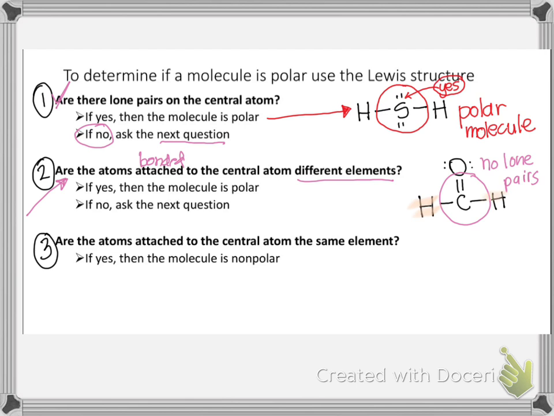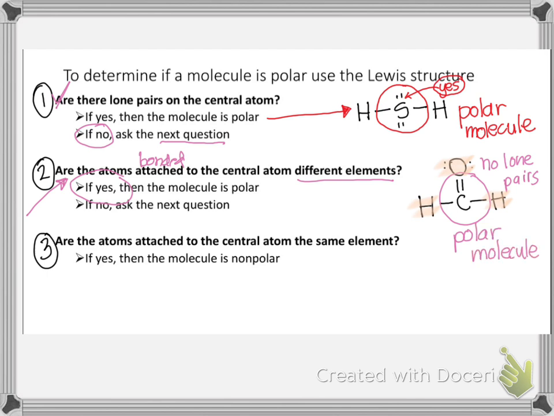So we have a hydrogen and an oxygen. So that oxygen is different from the hydrogens. So the answer to our question is yes, the atoms are different from each other. So this molecule is a polar molecule.